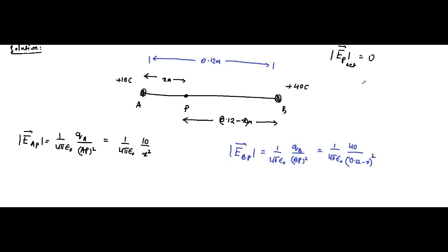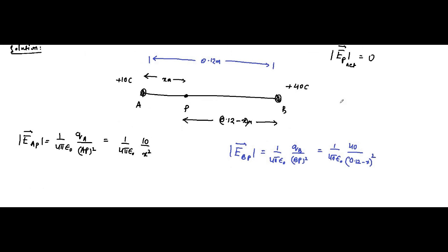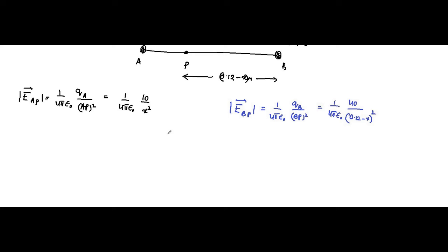So now as the net electric field is 0, it means at the point P, EAP vector minus EBP vector is equal to 0, because this is the net electric field expression.